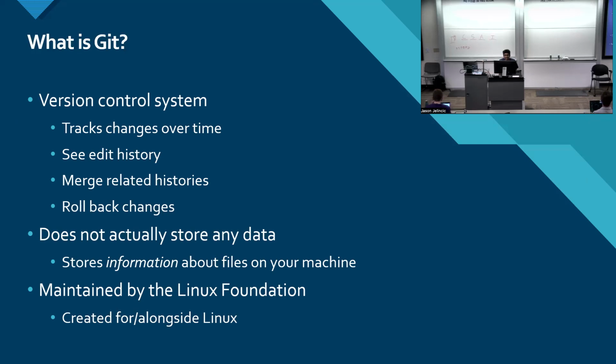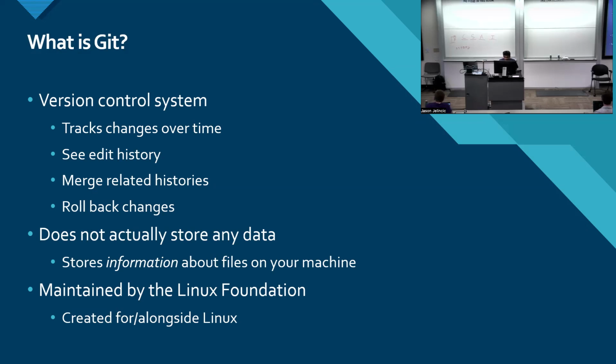So let's say that you made a mistake in your current code base and you don't really know what error you made, and you just want to go back to a previous version of your code that was working, then Git allows you to go back and start off from a point where you know that your code had been working.